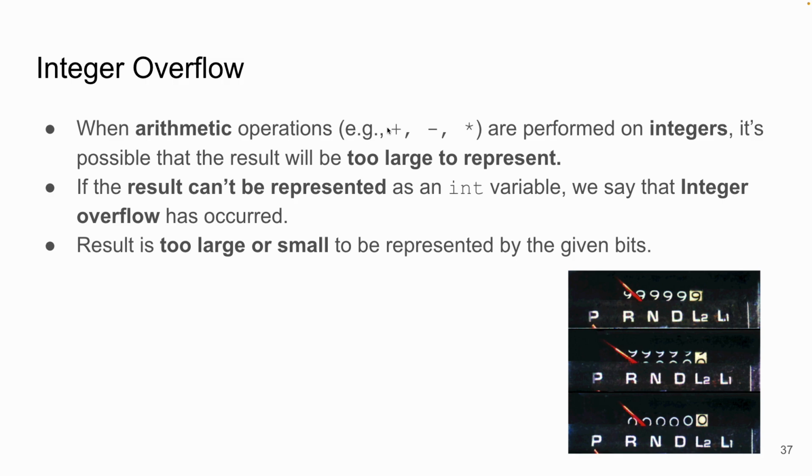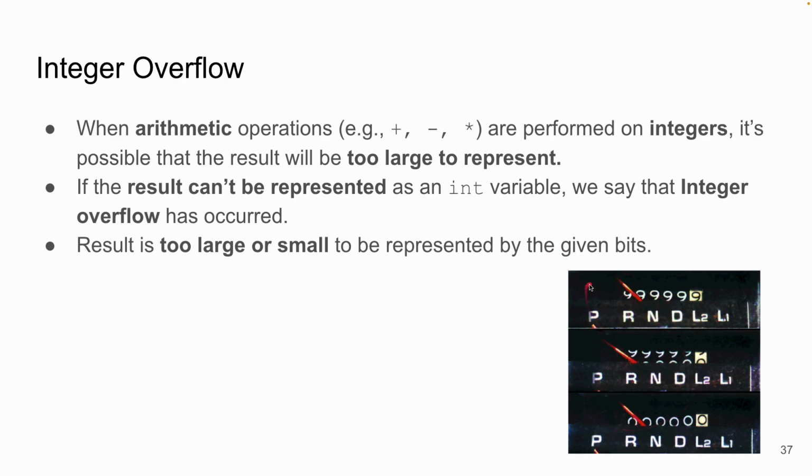And if the result cannot be represented by this integer variable, we say that integer overflow has occurred. So if the result is too large or too small for the integer, those two things will also cause integer overflow.